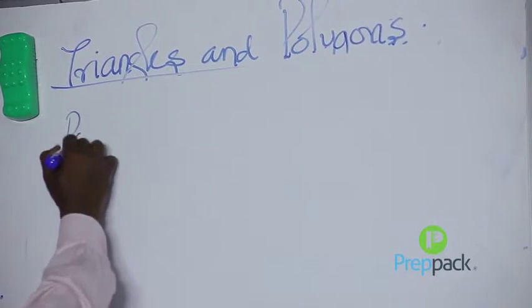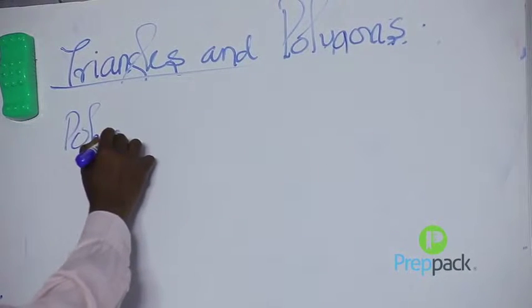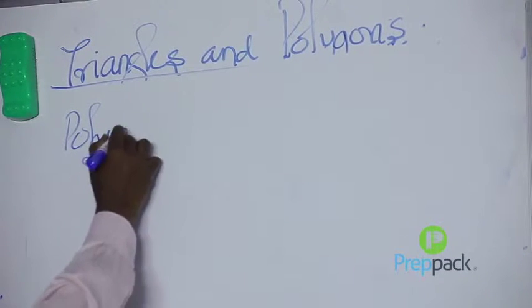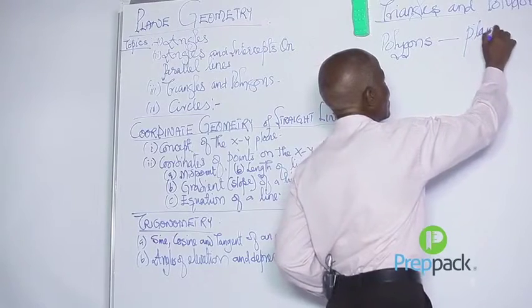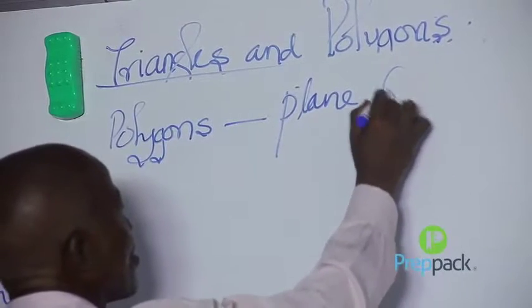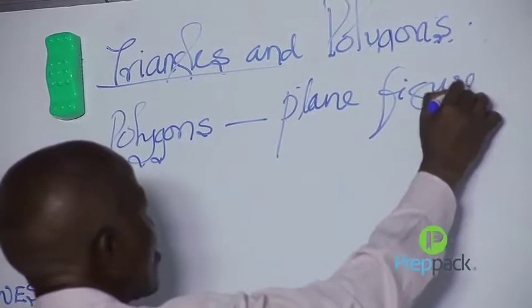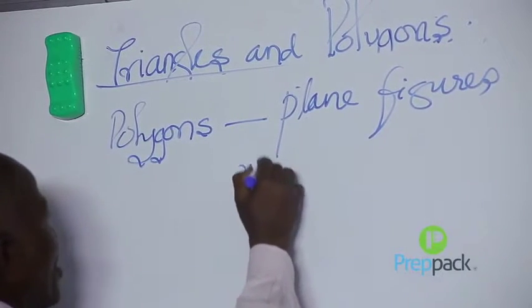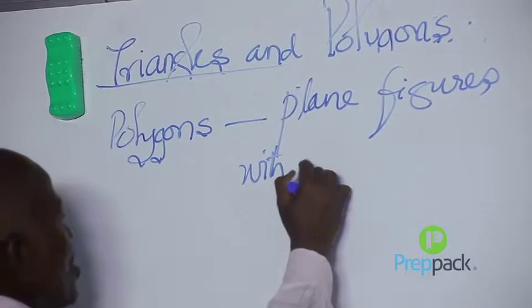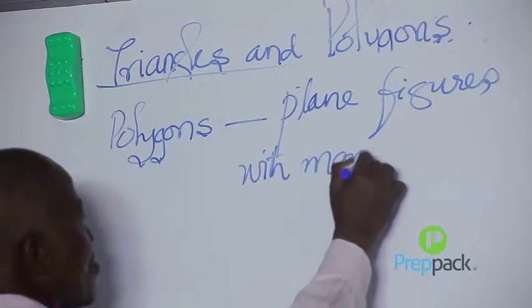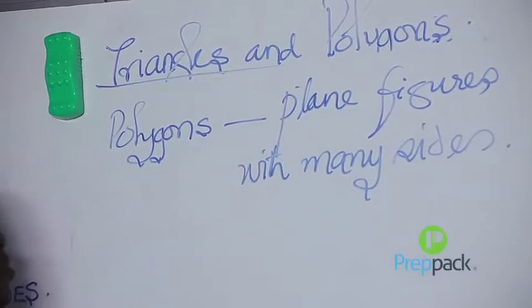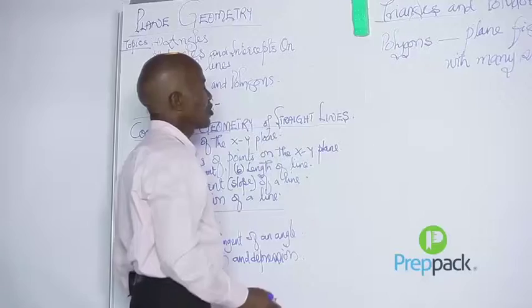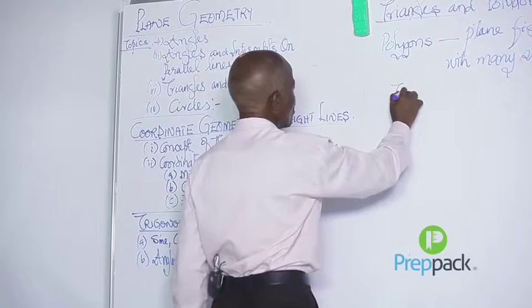So, polygons are plane figures with many sides. These are known as plane figures. So triangle is included.